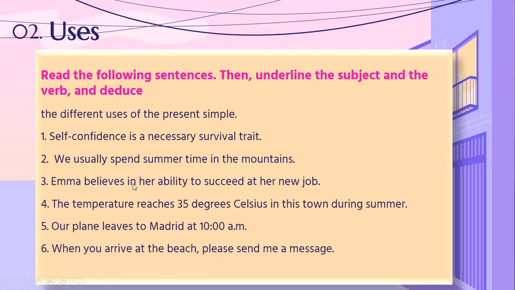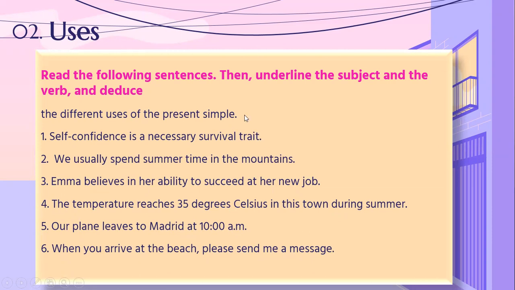Number 3, Emma believes in her ability to succeed at her new job. Number 4, the temperature reaches 35 degrees Celsius in this town during summer. Number 5, our plane leaves to Madrid at 10 a.m. Number 6, when you arrive at the beach, comma, please send me a message.